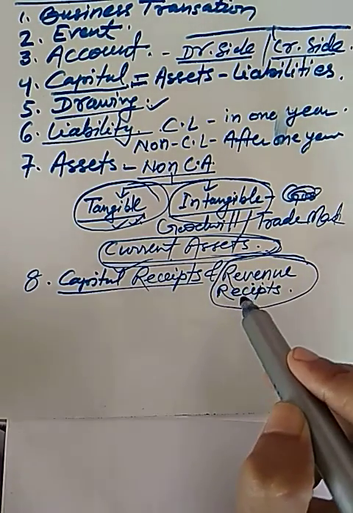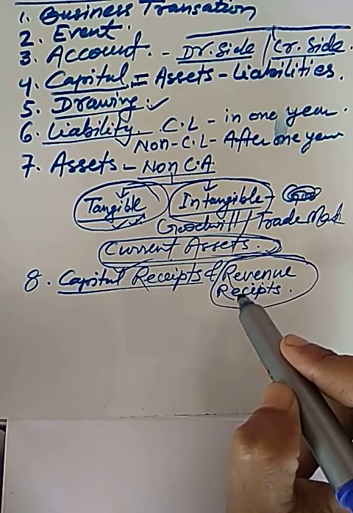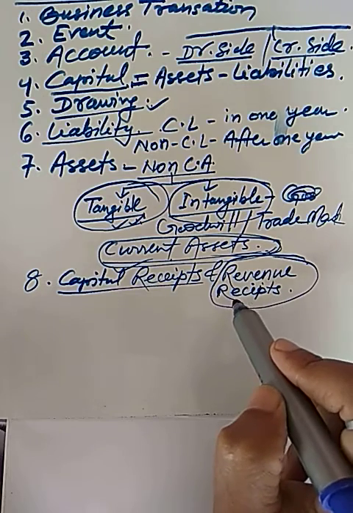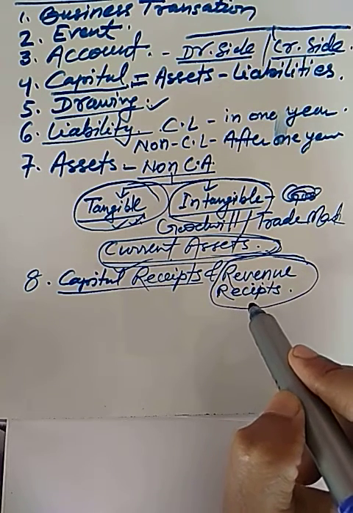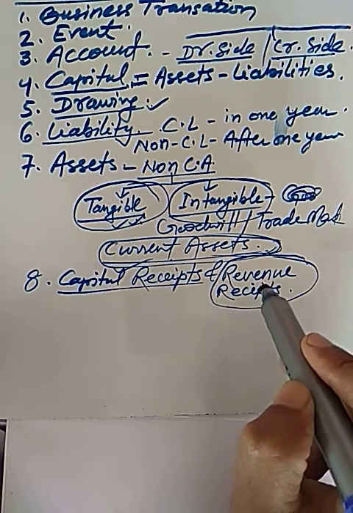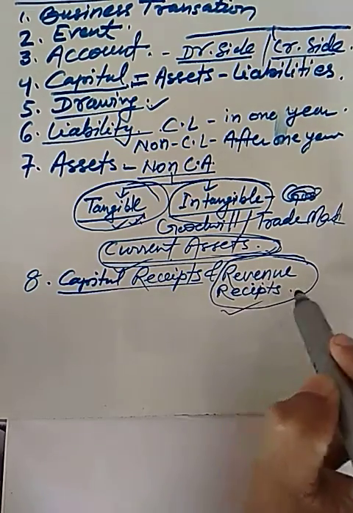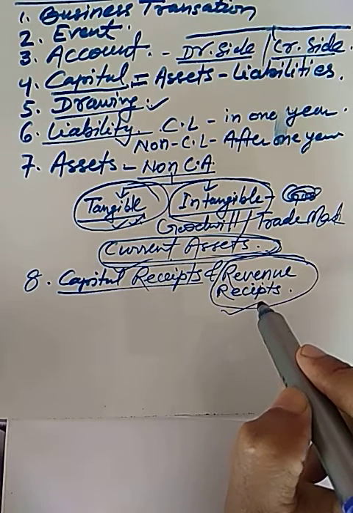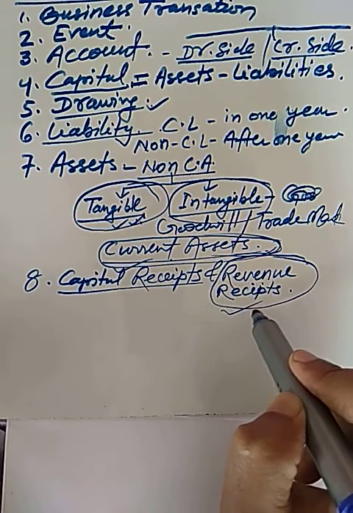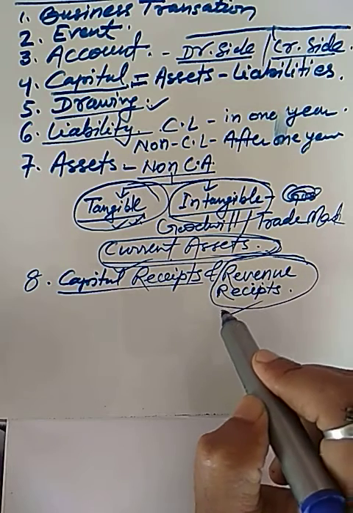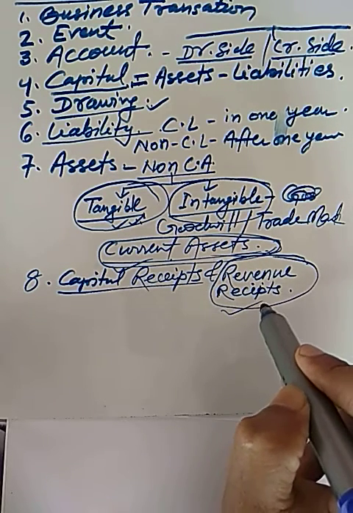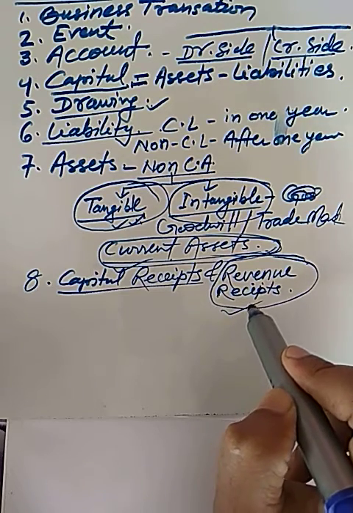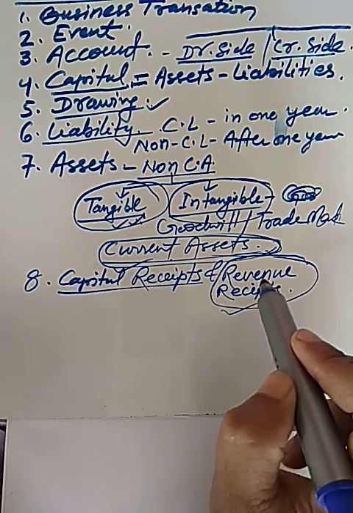Commission and fee received for service rendered, interest and dividend received on investment will be revenue receipt. It means amount received on regular basis in the normal course of business is known as revenue receipt.